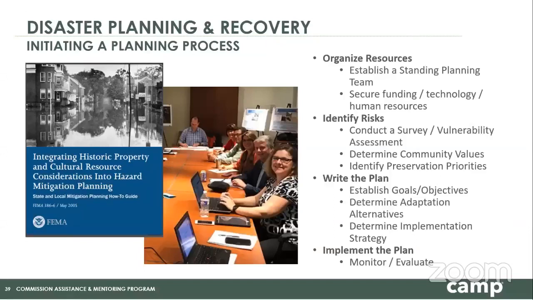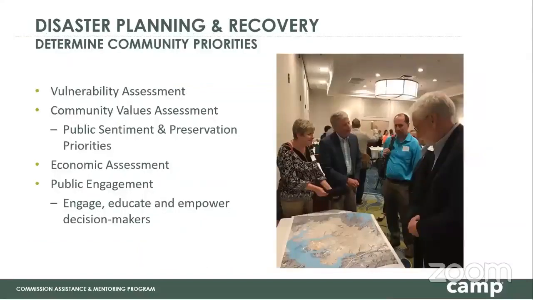Monitoring the plan, updating it, reevaluating it, because things change and you learn from past events and how you could respond better to it. So again, get the public involved, lots of great visuals, making sure you have charrettes and visual preference surveys and what's important to the community. Engage, educate, and empower the decision makers.